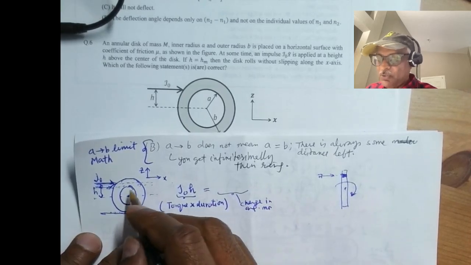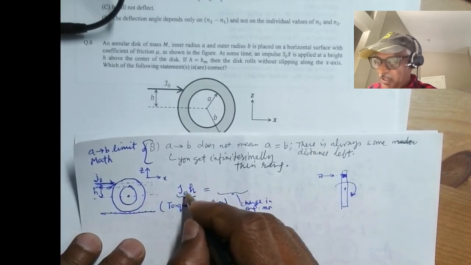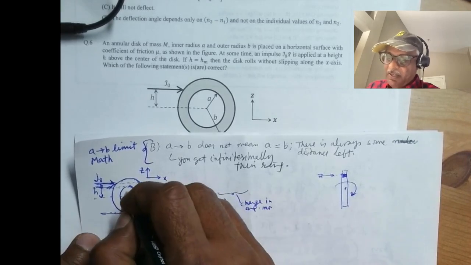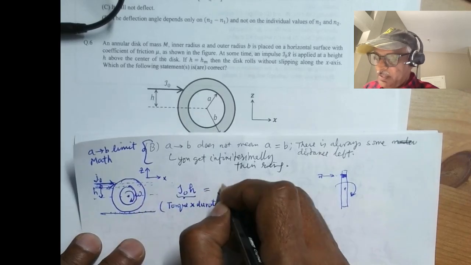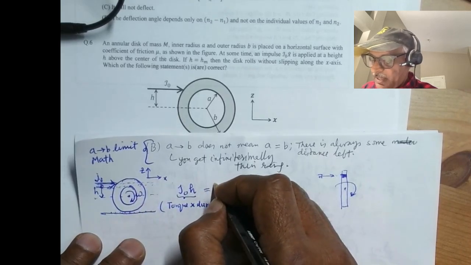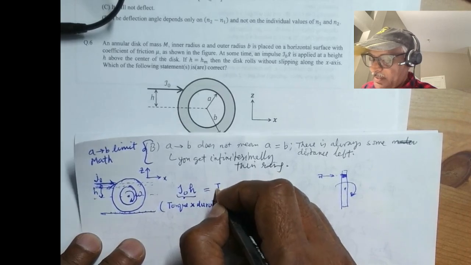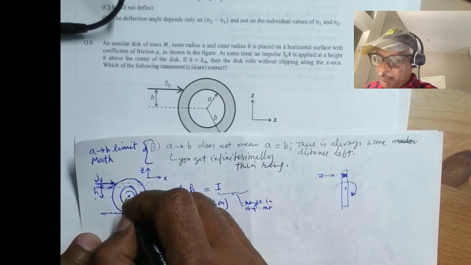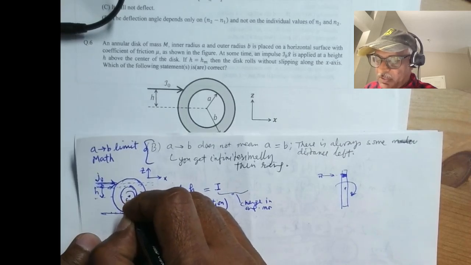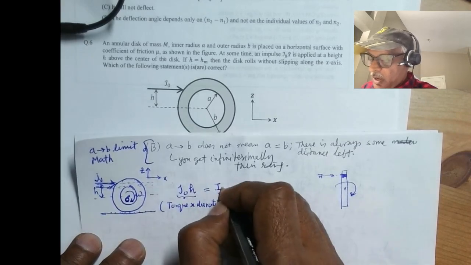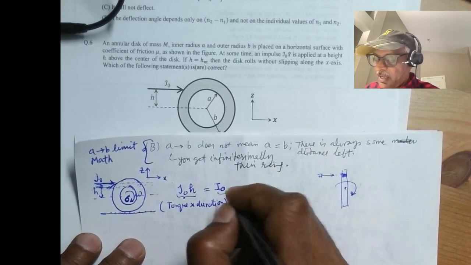Initial angular momentum is 0, so it's going to pick up angular momentum. This positive direction is the angular momentum it picks up. Let's call the angular speed omega. So it's going to become I about the center, which I'm going to call O, I_O omega.